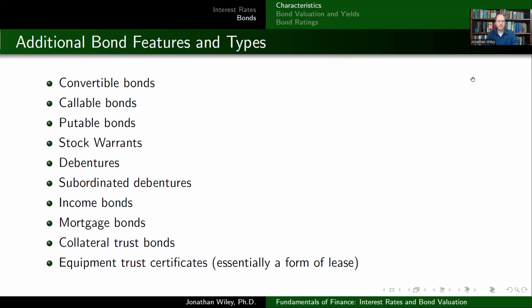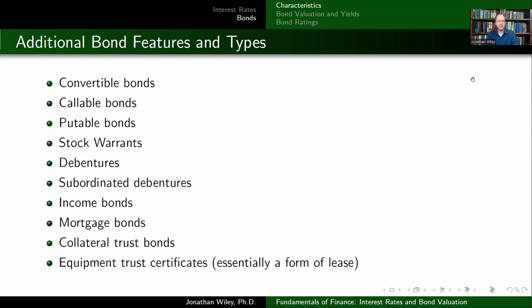Callable bonds and puttable bonds. Let's talk about those. A callable bond is a bond that the borrower can call in early, or basically pay off early. If the borrower wants to, the borrower can pay off the loan early at the borrower's discretion. Sometimes for a callable bond, let's say it was a 30-year bond, it may not be callable for the first 10 years, and then it becomes callable after 10 years, and then the company can buy it back early if they want.